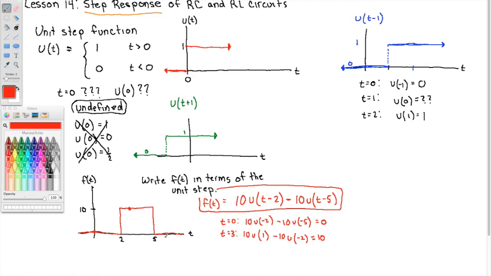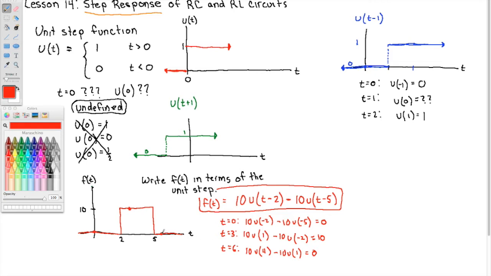Now let's test out this part, the third section here. Let's plug in, for example, t equals 6. When I do that, I've got 10 times the unit step of 4 minus 10 times the unit step of 1. So these arguments are both positive, so the unit step is 1 there. So this is 10 times 1 minus 10 times 1. So it's 10 minus 10, that's 0. So that's good. That lies on our function.